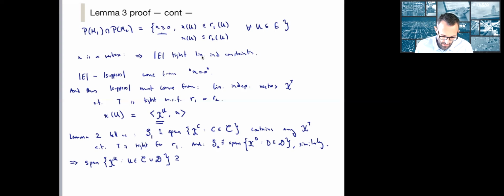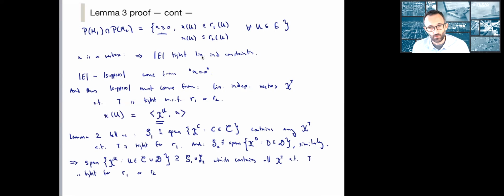So this is a superset of S1 union S2. But S1 union S2 contains all chi t such that t is tight for R1 or R2.